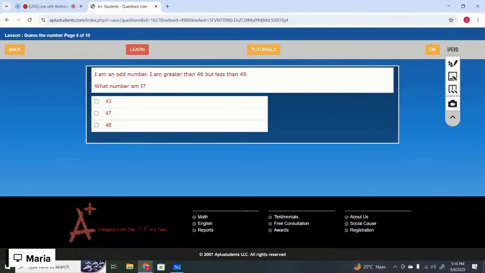I am an odd number. I'm greater than 46 but less than 49. So which number is greater than 46 and less than 49? Odd it is, so then it must be 47. That is 47. Option number 2 is the correct option.